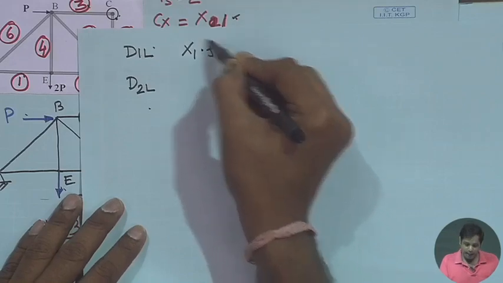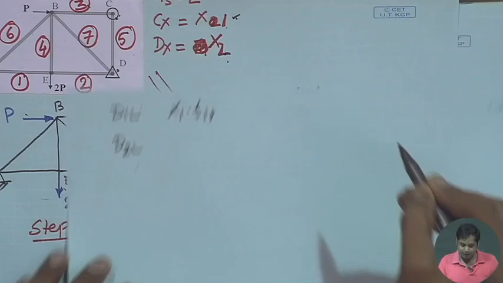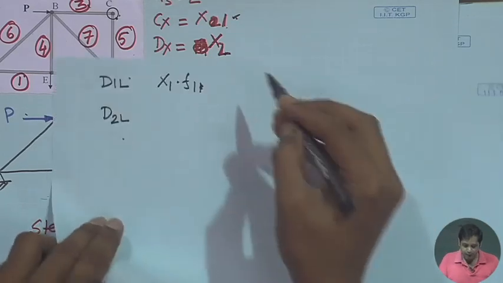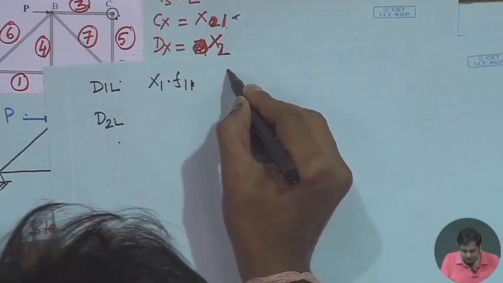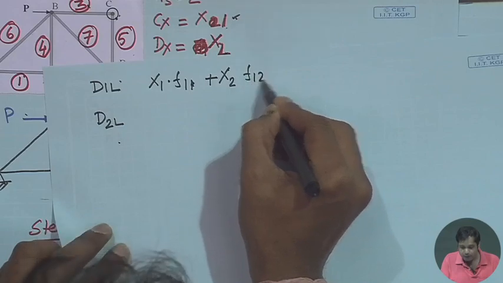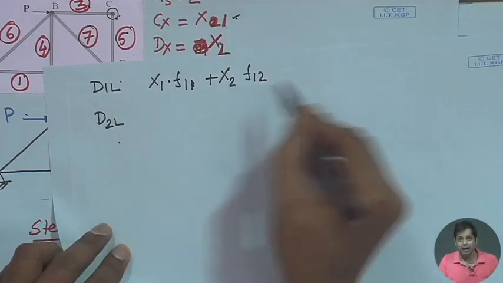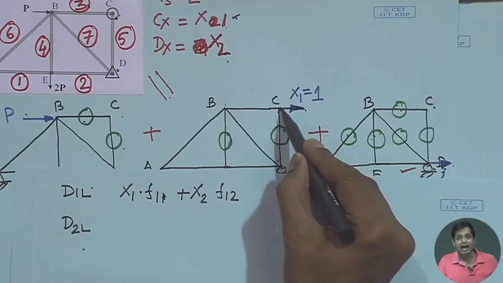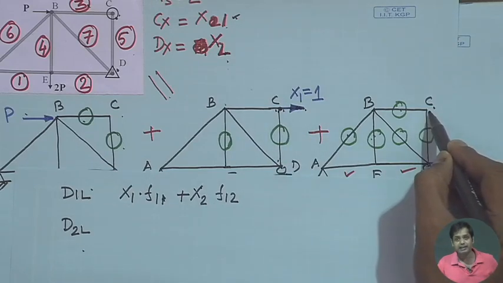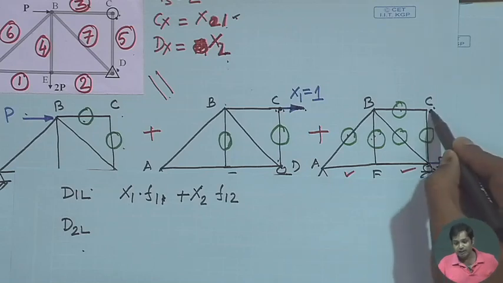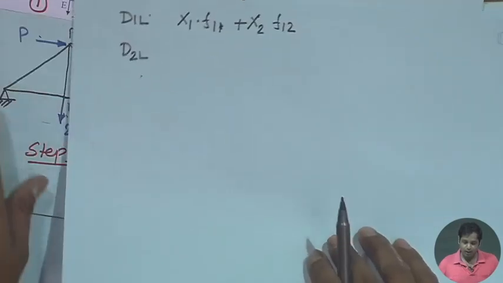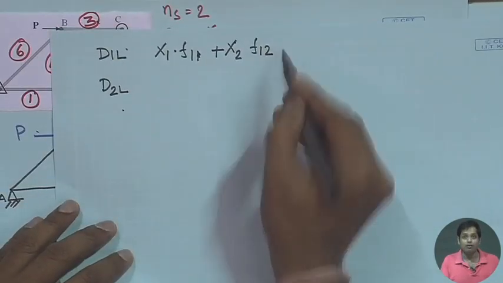So, x1 F11 is the displacement at C due to this load. Plus x2 into F12. What is F12? F12 is the displacement at C due to this load, that is, displacement in the direction of the first redundant due to the second redundant. That is why it is written as F12.